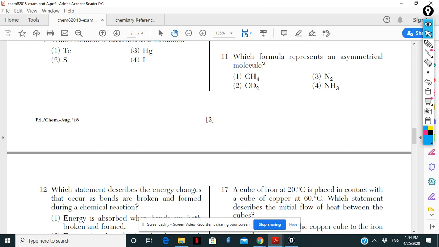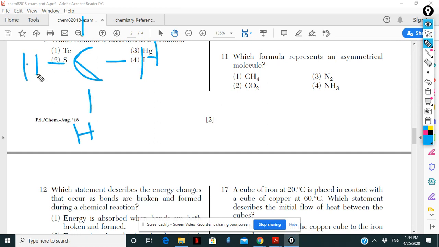So an asymmetrical compound means I don't have the same distribution of charge. So if you're looking at CH4, I have a balance between the four directions.